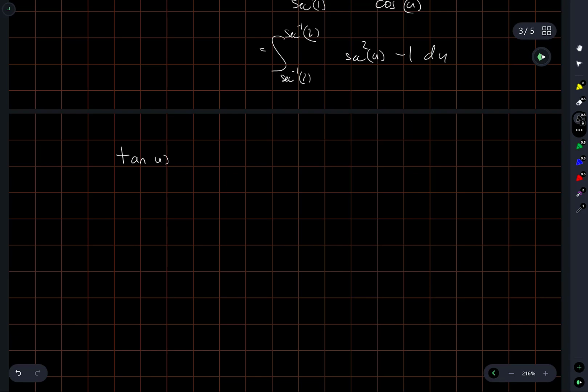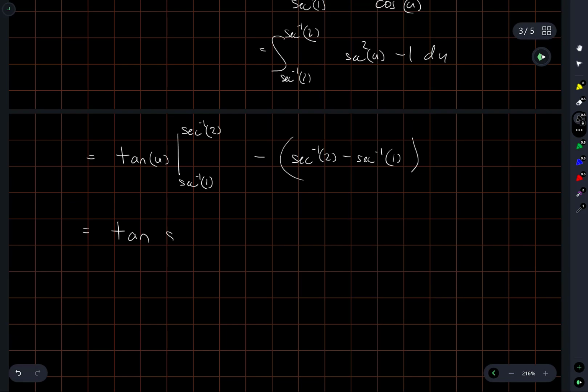So we have tan u evaluated from secant inverse 1 to secant inverse 2 minus this difference, secant inverse 2 minus secant inverse 1.